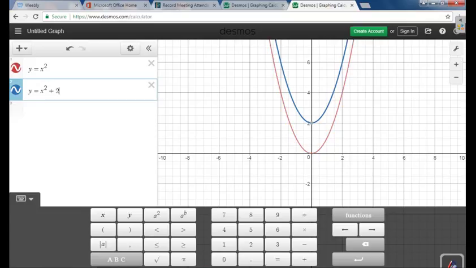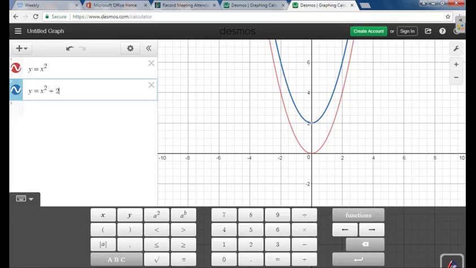What do you see? The vertex changed. What's the vertex now? (0, 2). Okay, the vertex is (0, 2), right? This is your vertex. You see it?